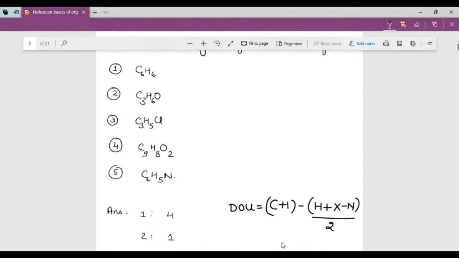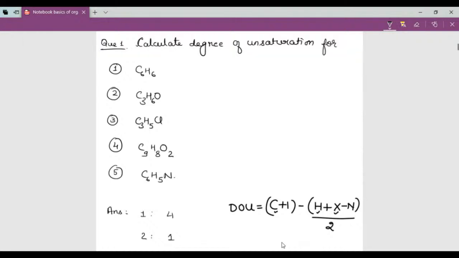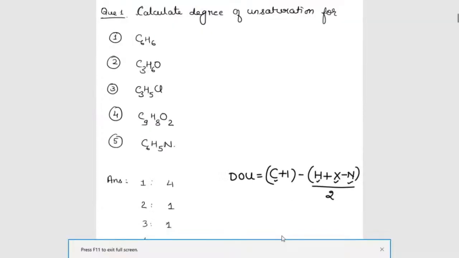This was the formula that we discussed yesterday, where C was the number of carbon atoms, H was the number of hydrogens, X was the number of halogen atoms, and N was the number of nitrogen atoms. We said there is no contribution or effect of any bivalent atom like oxygen and sulfur.